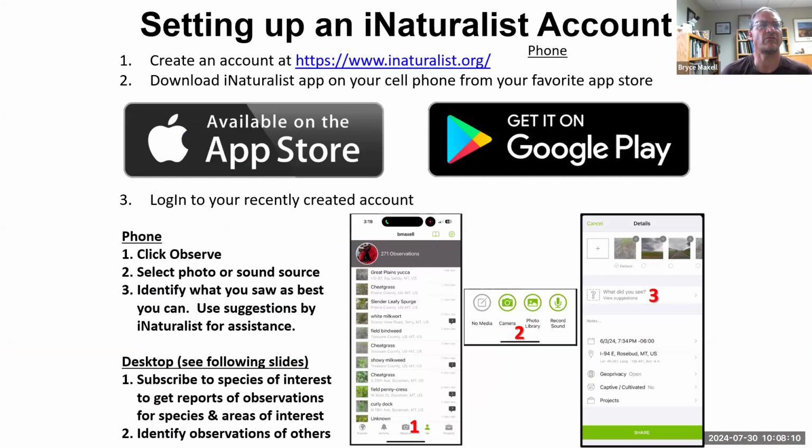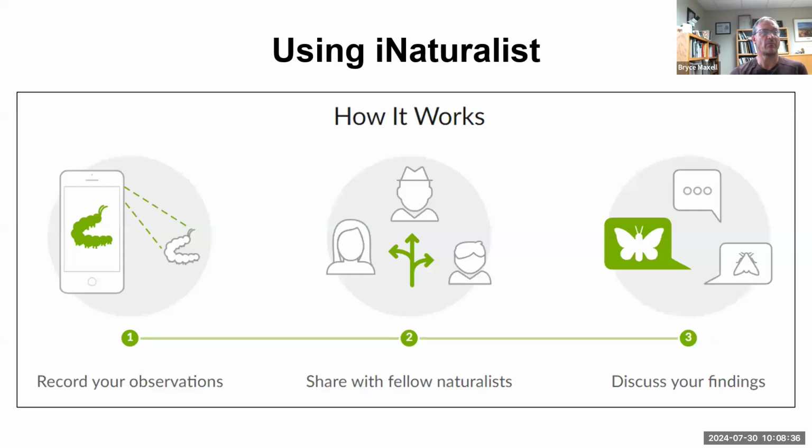In terms of how to use it, essentially all you need to do is get on your app store and download it via Google Play if you're on an Android device, or the App Store if you're on an Apple device, and then create an account, log into that account, and then we can show you how to submit observations here.